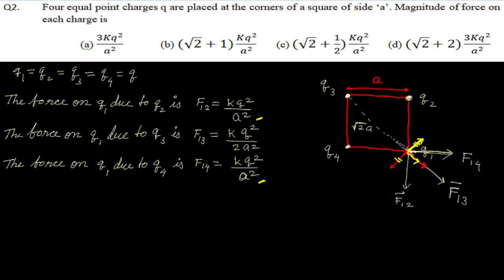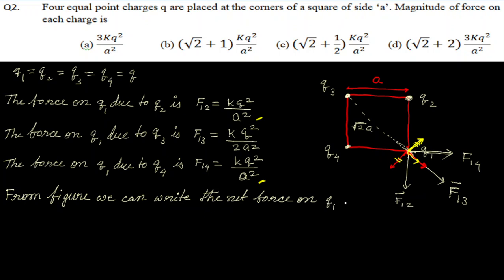So therefore, what will be the net force? From the figure, we can write the net force on Q1 is: F net is equal to the magnitude of F13 plus 2 times cos 45 degrees into the magnitude of one of these forces, either F12 or F14, because this angle is 45 degrees.